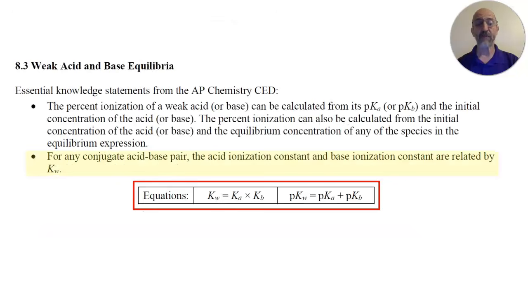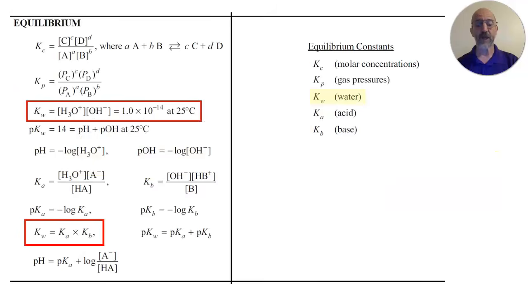Yes, so back in topic 8.3, for any conjugate acid-base pair, the acid ionization constant, Ka, and the base ionization constant, Kb, are related by Kw according to this equation, which you can see on the AP Chemistry equations and constant sheet.